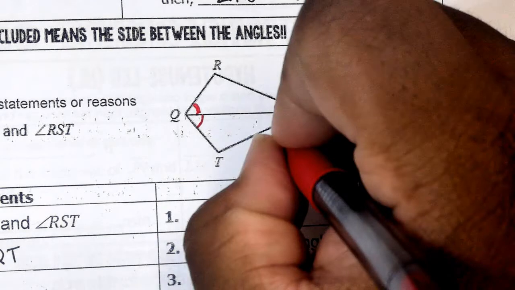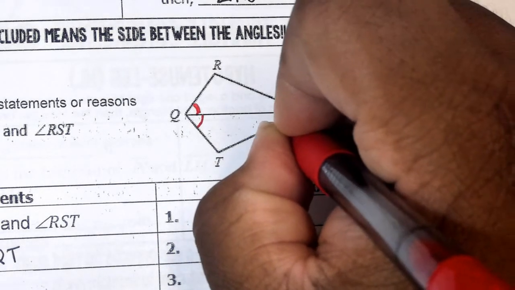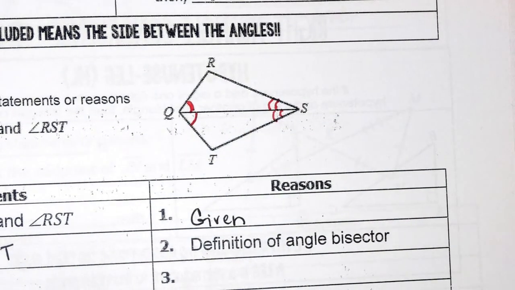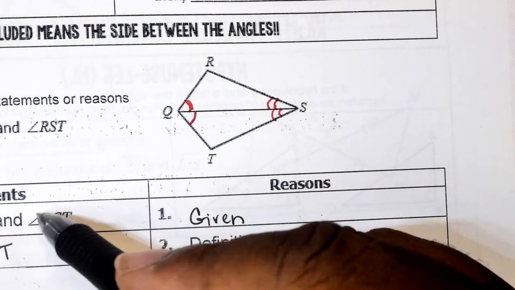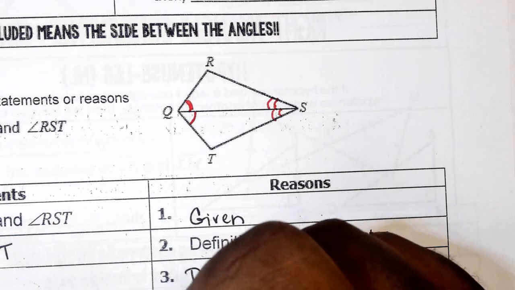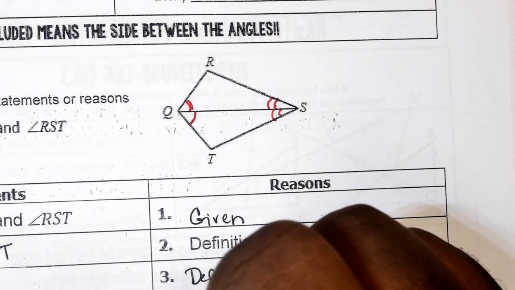It's congruent to angle TSQ. That's this one right here. What's the reason we know those 2 angles are congruent? Yeah, it's the same reason. Definition of an angle bisector. That's the other angle that they talked about splitting, angle RST. So this is definition of an angle bisector as well.